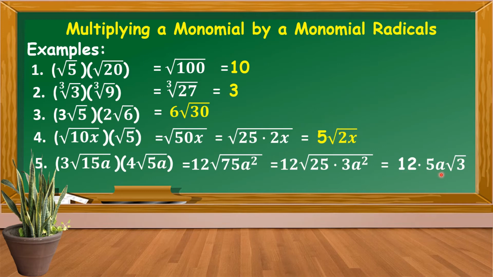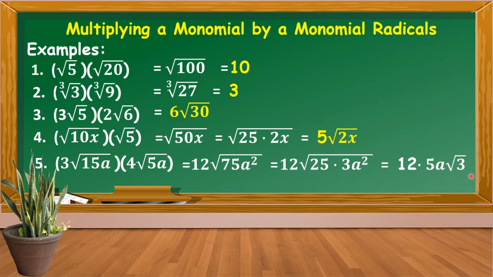Bakit si a nasa labas na siya? So, we all know that our index here is 2. Then, our exponent is 2. So, 2 divided by our index 2, that is 1. So, pwede na nating ilabas si a squared. So, maging a siya. Then, naiwan si 3.